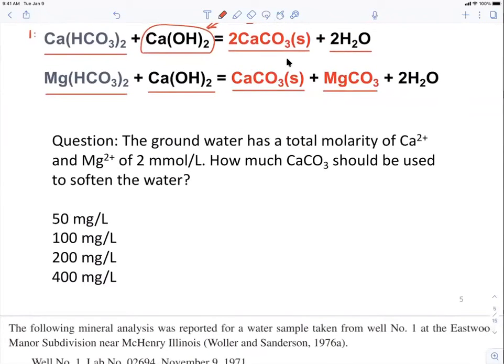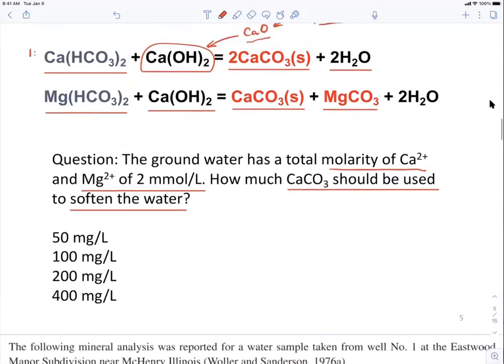I'm asking why we prefer to use this calcium carbonate equivalent concentration, right? So the question is saying that the groundwater has a total molarity of calcium and magnesium ion of 2 millimole per liter. Okay, so how much of the calcium carbonate should be used to soften the water? So if you consider these reactions here.